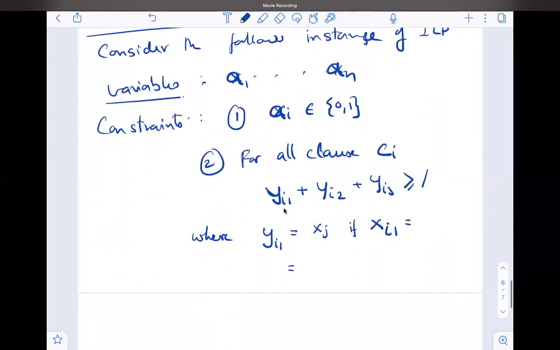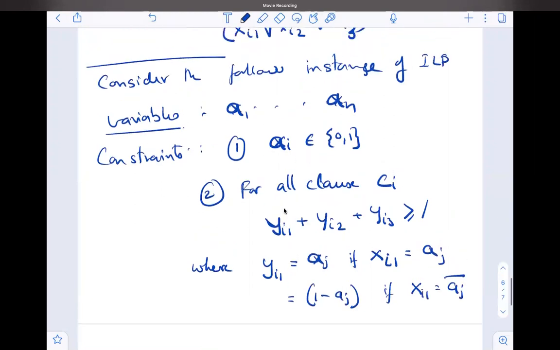Ai clauses are this: this equals aj if it is aj, and equals 1 minus aj if xi1 equals aj bar. Okay, and that's it.